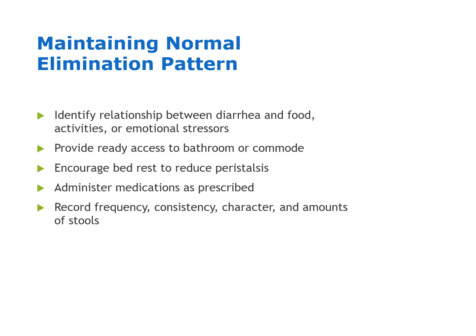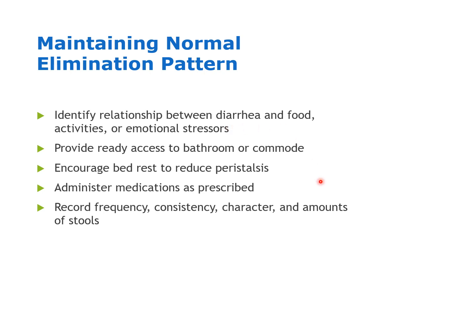Okay, and if it's an issue of elimination patterns, then you're making sure that you're doing some teaching in regard to that. So the relationship between diarrhea and food, activities or emotional stressors, right? We've talked about things that can affect your GI from our very first GI assessment slide. We talked about all the things that could affect your GI system.